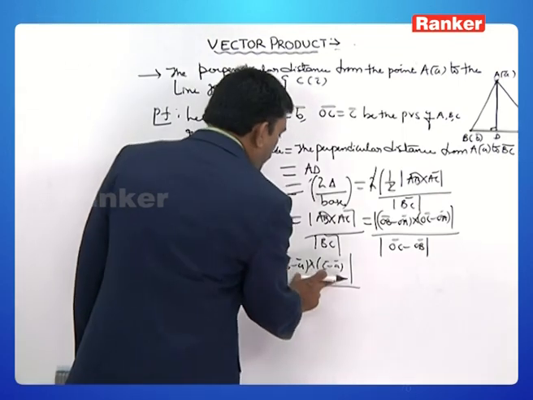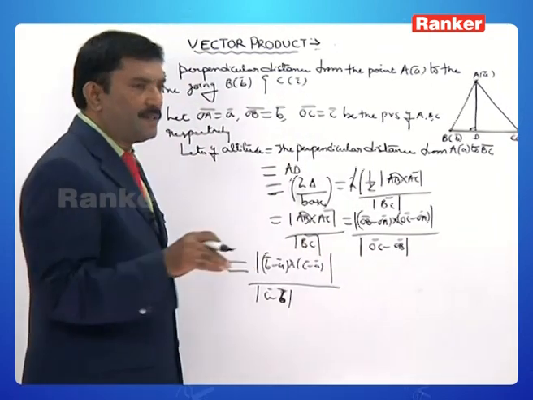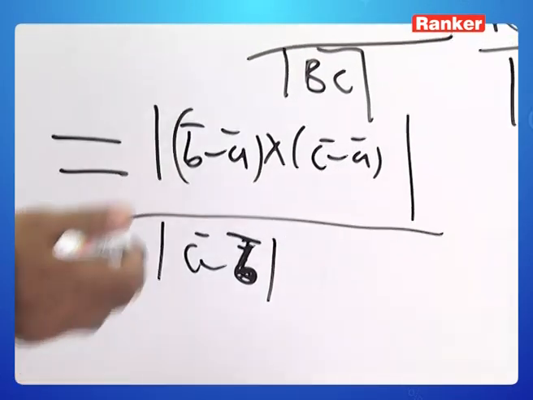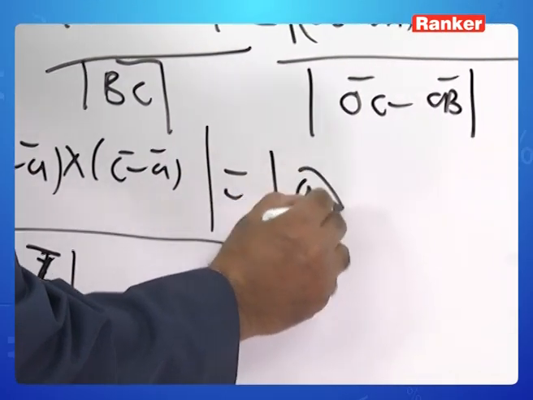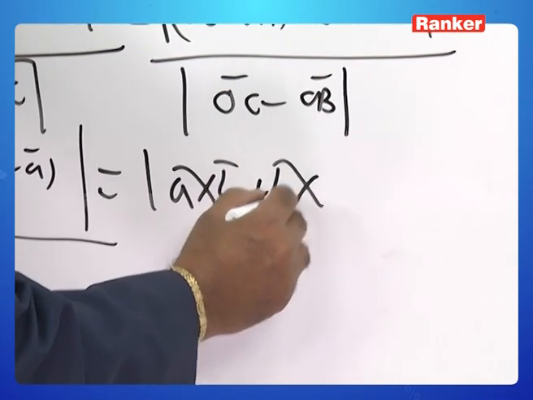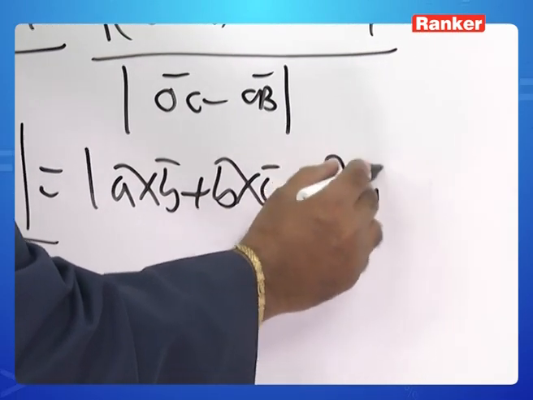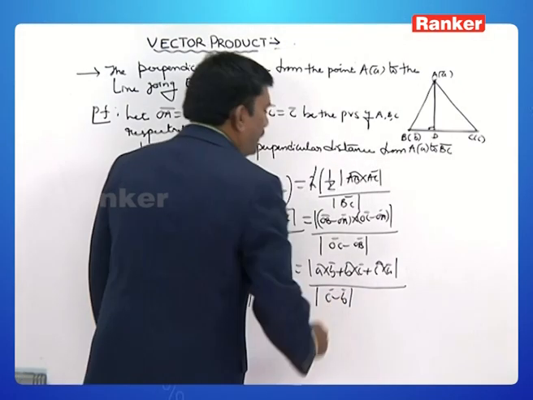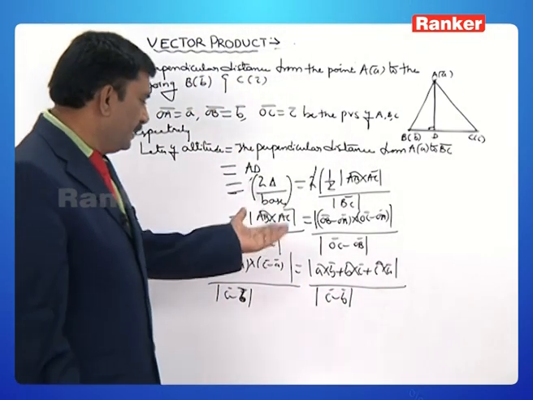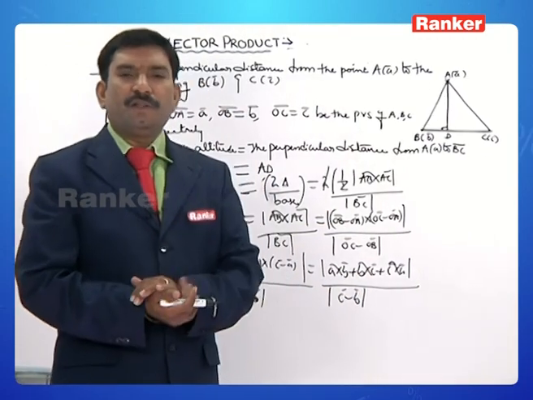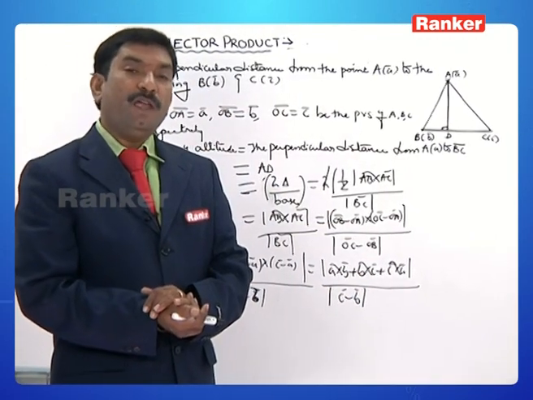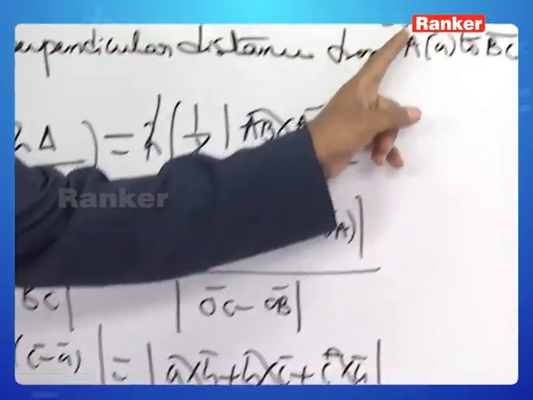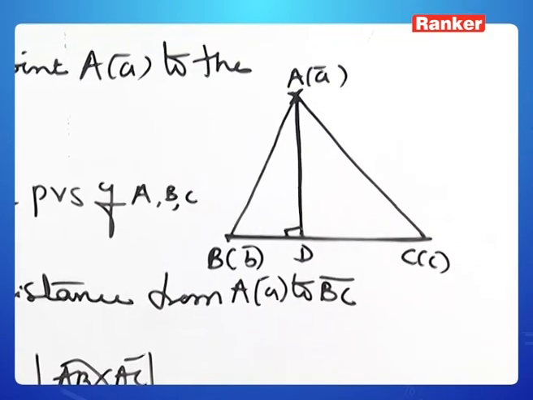Now already we are habituated from many concepts. Just now I told this cross product gives us A bar cross B bar, this is B bar cross C bar, this is C bar cross A bar, whole divided by C bar minus B bar. This is nothing but the length of the altitude from A of A bar to the line through B of B bar and C of C bar.